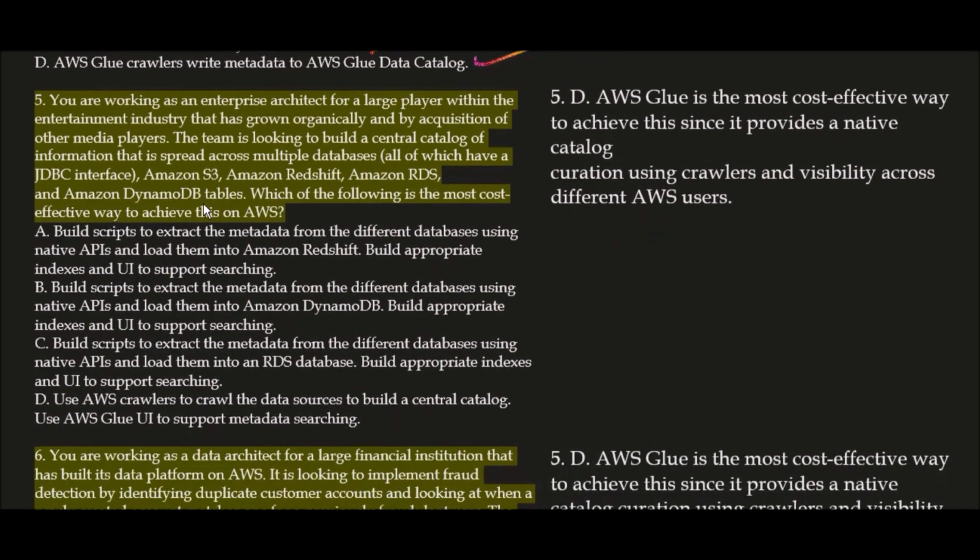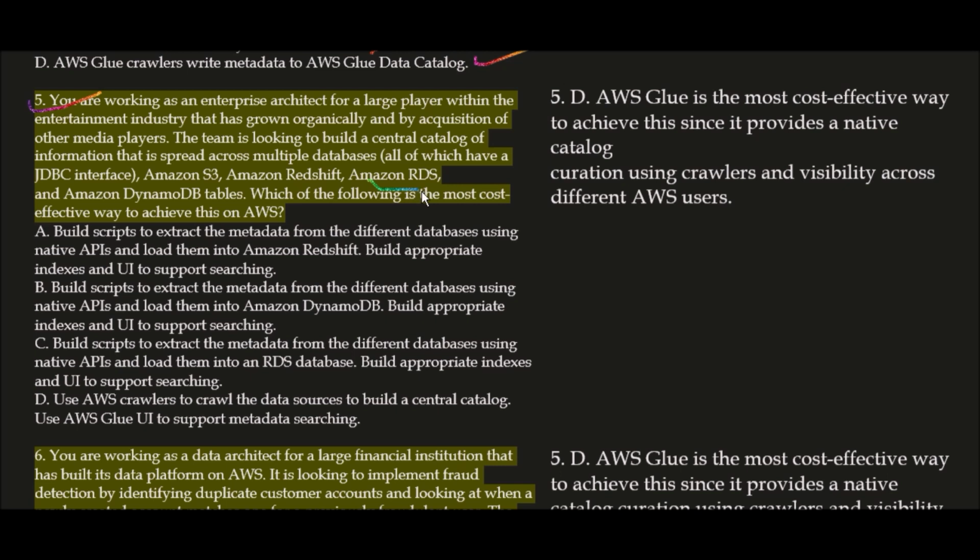Next question. You are working as an enterprise architect for a large player within the entertainment industry that has grown organically and by acquisition of other media players. The team is looking to build a central catalog of information that is spread across multiple databases, all of which have a JDBC interface: Amazon S3, Amazon Redshift, Amazon RDS, and Amazon DynamoDB tables.